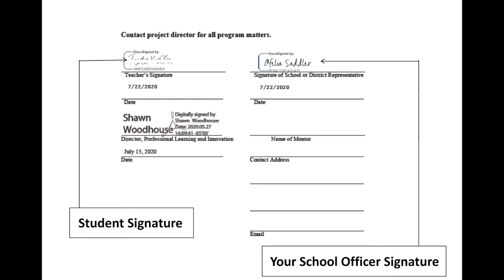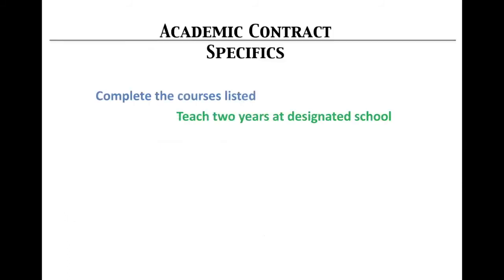And your school, believe me, is going to want you to be provisionally certified when you walk in the door. When you walk in the door and you have your provisional certificate, it's like a stopwatch starts for 2 years. And you complete those courses as they're listed, when they're offered, and you teach at your school for 2 years.